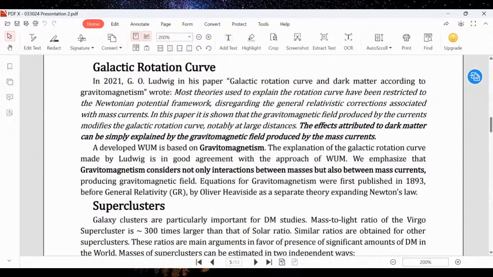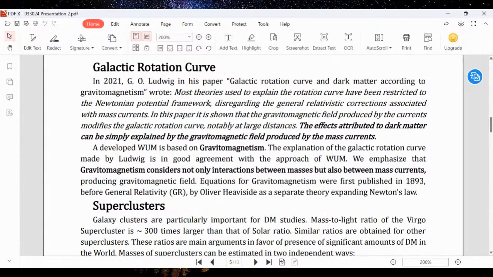In this paper, it is shown that the gravitomagnetic field produced by the currents modifies the galactic rotation curve, notably at large distances. The effects attributed to dark matter can be simply explained by the gravitomagnetic field produced by the mass currents. I would like to stress this conclusion.